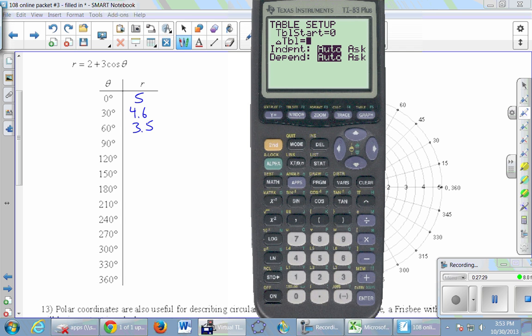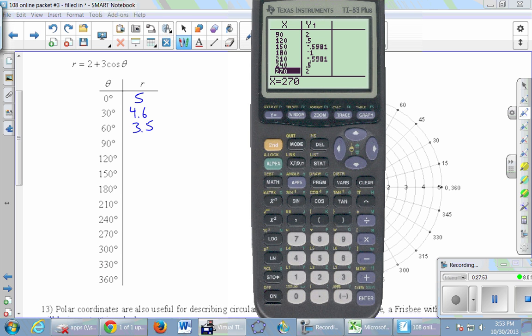It starts at 0. Delta table, I want that to be 30 degrees because we're increasing the inputs by 30 degrees. Make sure it says auto right there. If you set it up like that and then do second graph to get the table feature, you will see the table right in front of you. So we've already got the 5, the 4.6, and the 3.5, but this now very quickly tells you the rest of the numbers.